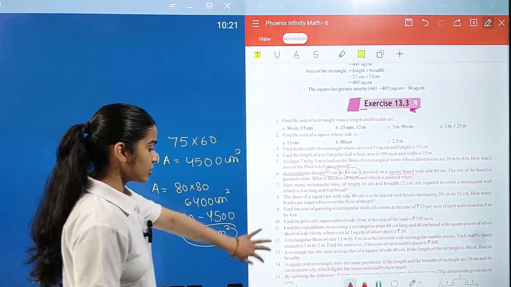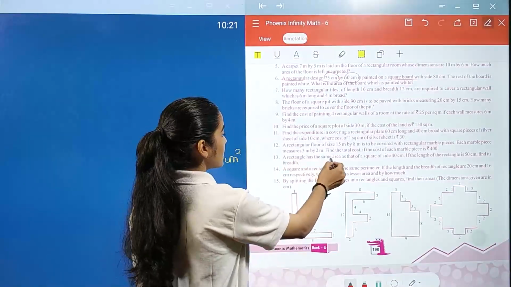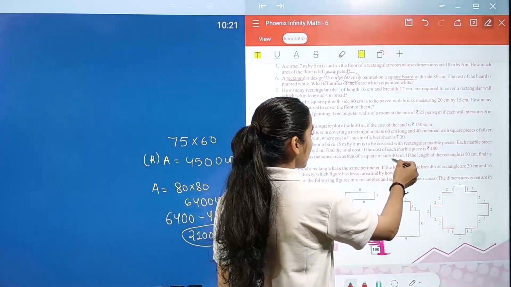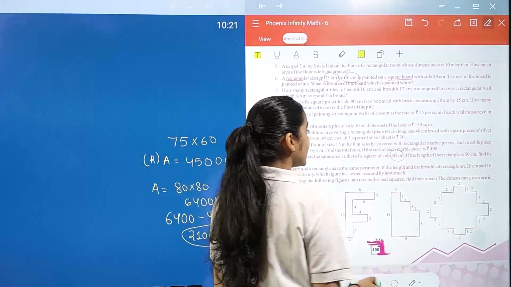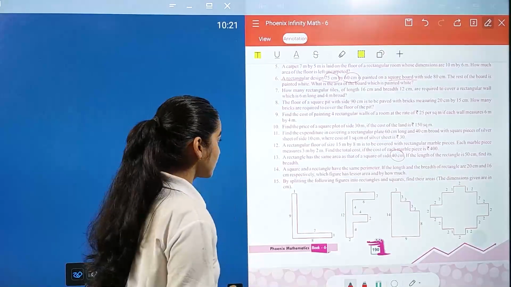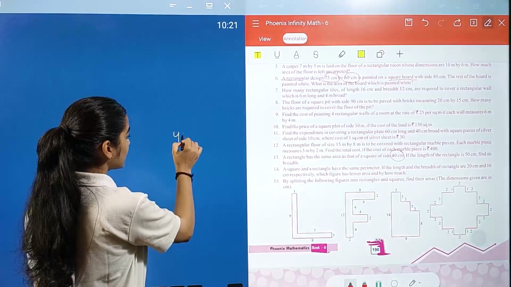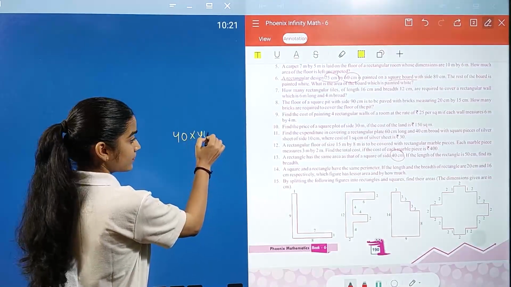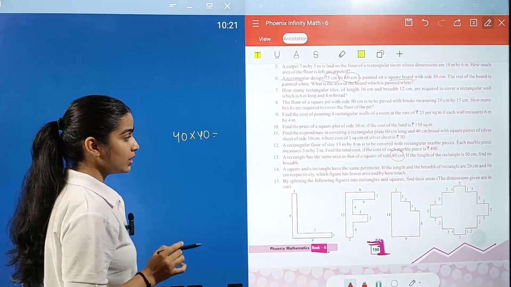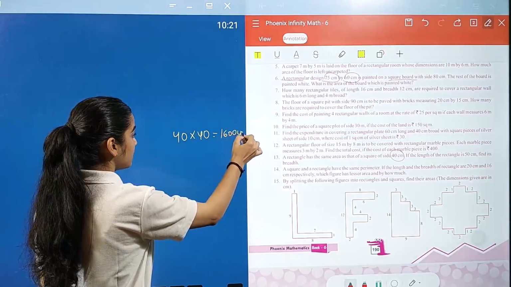Next question: the rectangle has the same area as that of a square of side 40 centimeter. If the length of the rectangle is 50 centimeter, find its breadth. First of all, you have to find the area of the square, which is 40 multiplied by 40. Because both shapes have equal area, it is 1600 centimeter square.